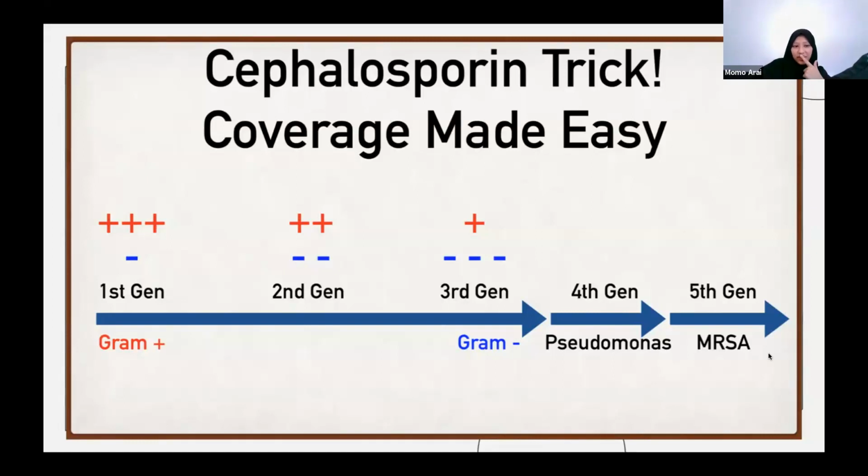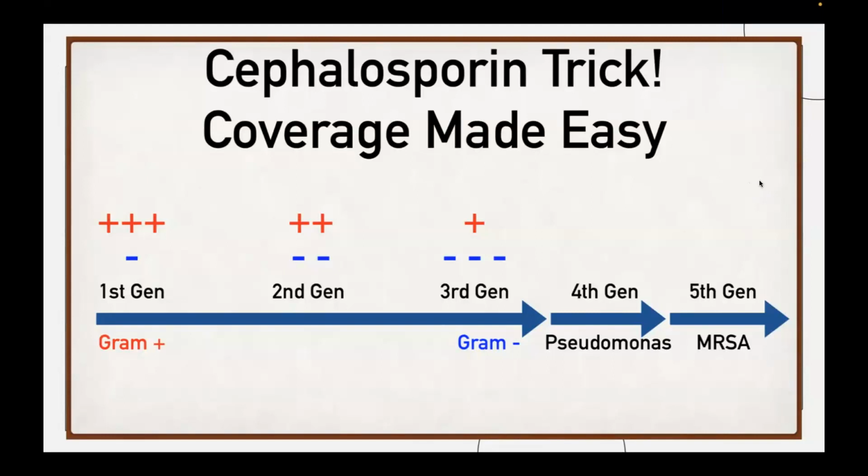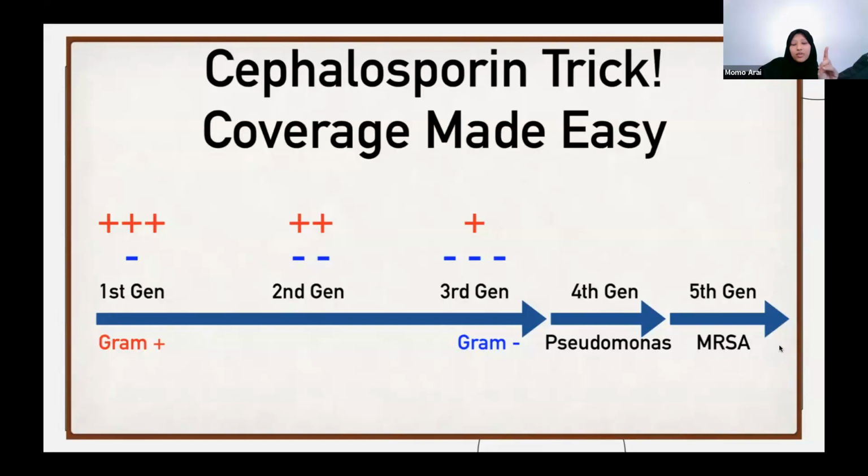Ceftazidime, good. Fourth generation is effective against Pseudomonas, for example cefepime. I don't know the correct way to pronounce it. From fifth generation onwards, MRSA is covered, but not Pseudomonas. Is that clear for everyone? I hope that makes sense. Okay, good.